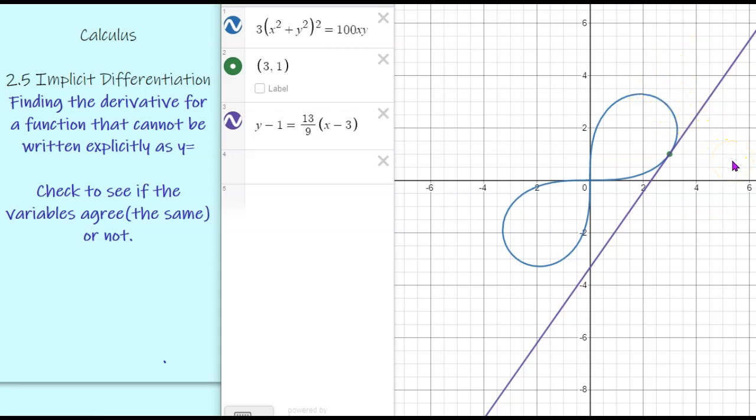So what we're saying in these cases where we don't have an explicit function is that the derivative is dependent on the x value here, 3, and the y value. So this is the point 3, 1 versus the point up here, which is like 3, 2.7. So we need the x and the y value in the derivative, which is completely different than what we've done before. So let's see how we can do that.